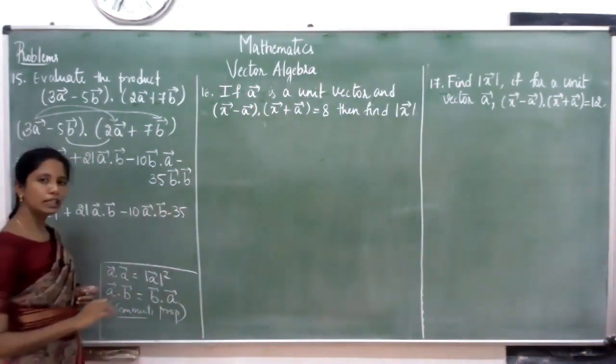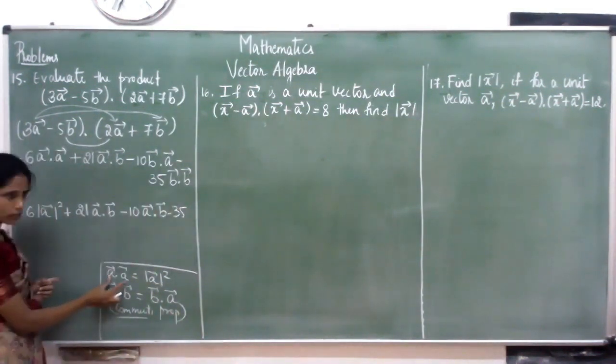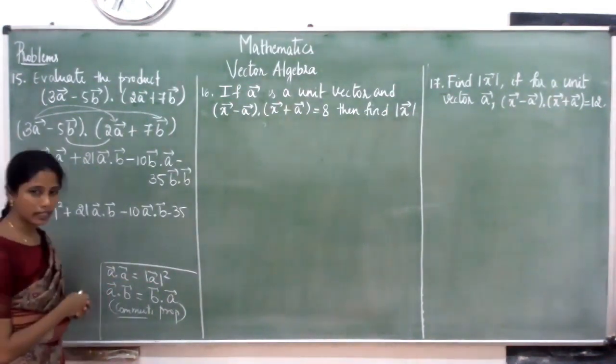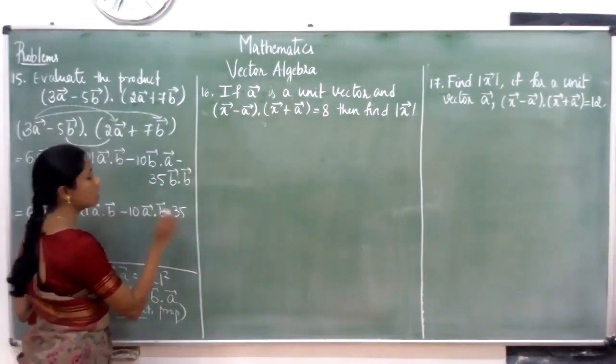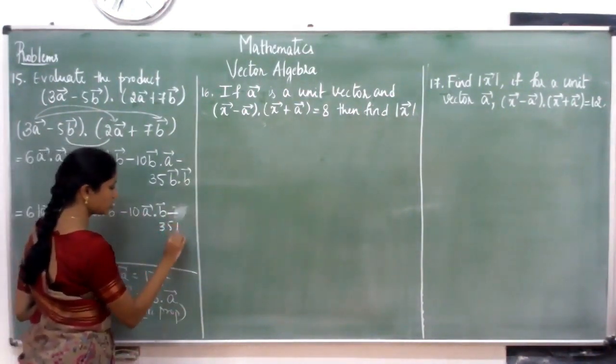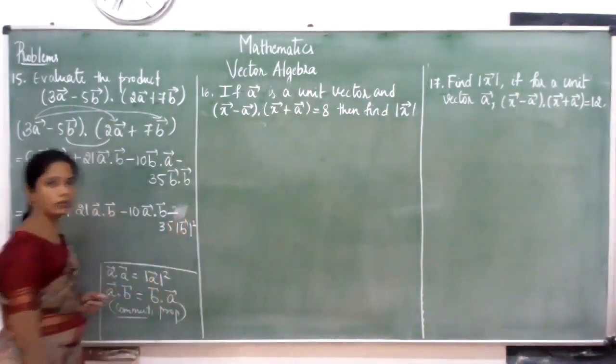So vector B dot vector B is the same as vector A dot vector A. So vector A dot vector A can be written as magnitude of vector A the whole square. In the same way, vector B dot vector B can also be written as magnitude of vector B the whole square.